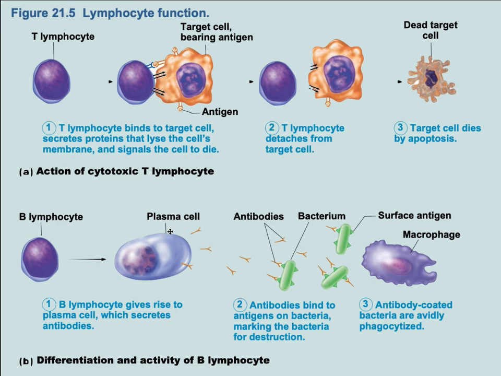They make lots and lots of these proteins called antibodies. Antibodies then bind to the antigen on those pathogens and mark those foreign cells for destruction. This is where the macrophage comes along and recognizes the bacteria because now it's tagged with the antibodies. And then the macrophage can phagocytose and kill those bacterial cells.